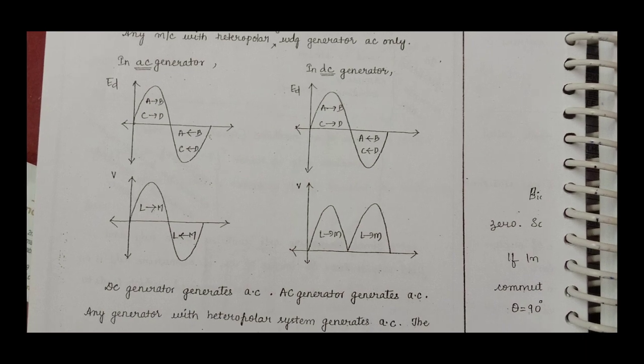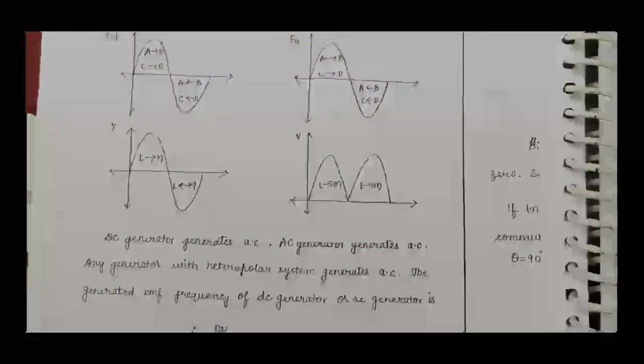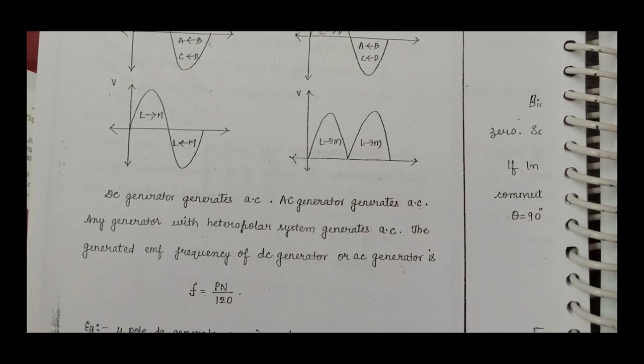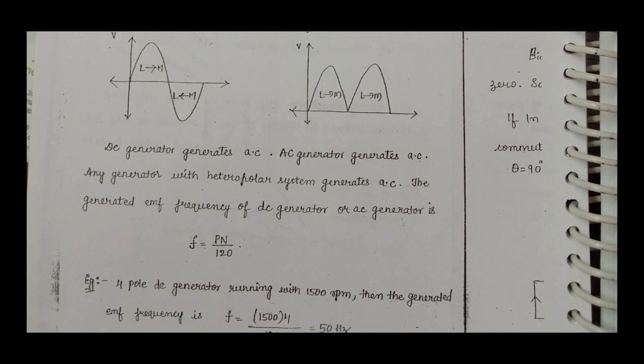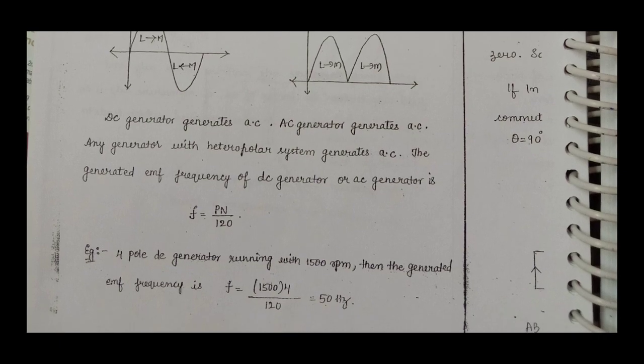In an AC generator, because of slip rings, the EMF generated inside the machine is AC, and it is delivered as AC outside. The DC generator generates AC, the AC generator generates AC.